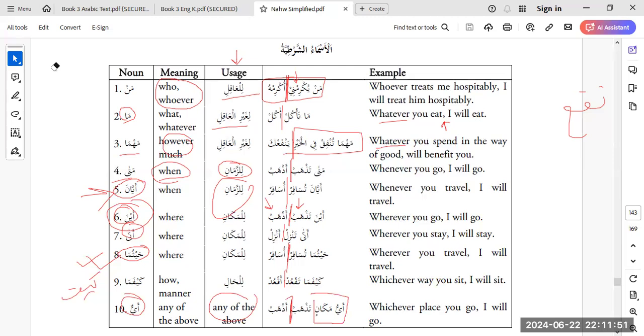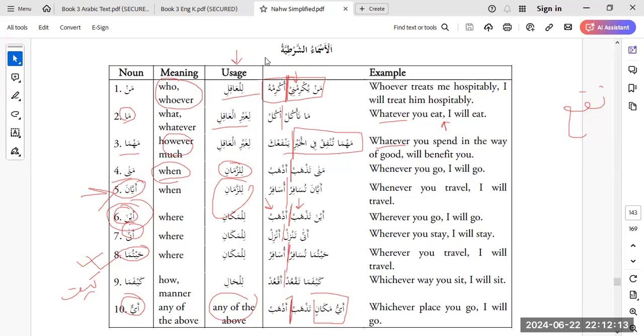In the broader term, we call them instruments of condition. Whenever they come, a fi'l mudari' will follow them, and that fi'l mudari' is always going to be majzoom. There will be a fi'l shart and a jawab shart, both of them majzoom.